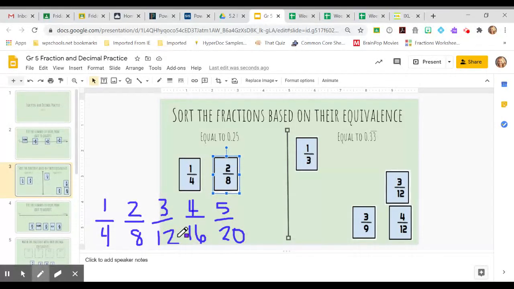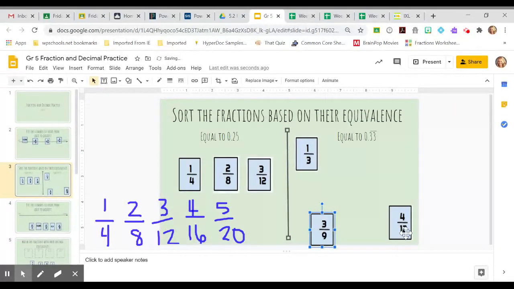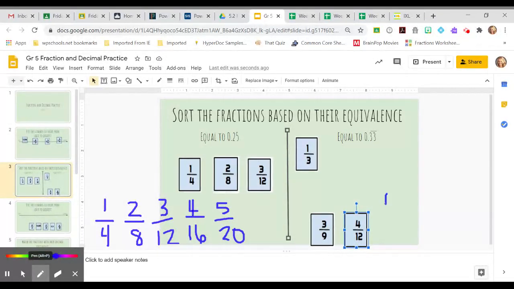Okay. So 1/4 and 3/12 are going to be equivalent. So I'm going to slide 3/12 over here. And then these other two should be equivalent to 1/3. So let's do the same thing with 1/3. If I multiplied 1/3 by 2/2, that's going to give me 2/6.